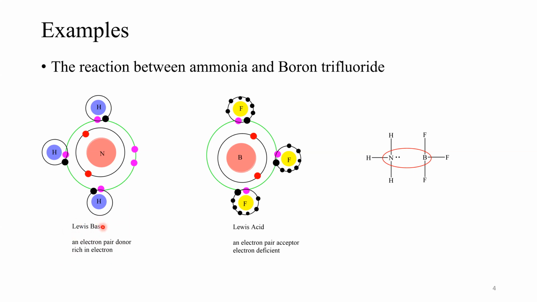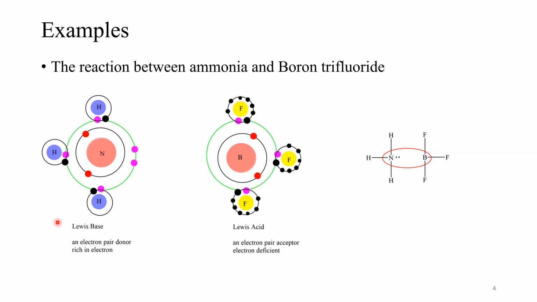You will come to know about acids and bases in more detail in the next videos on acids and bases, where we can explain how these base and acid definitions work.